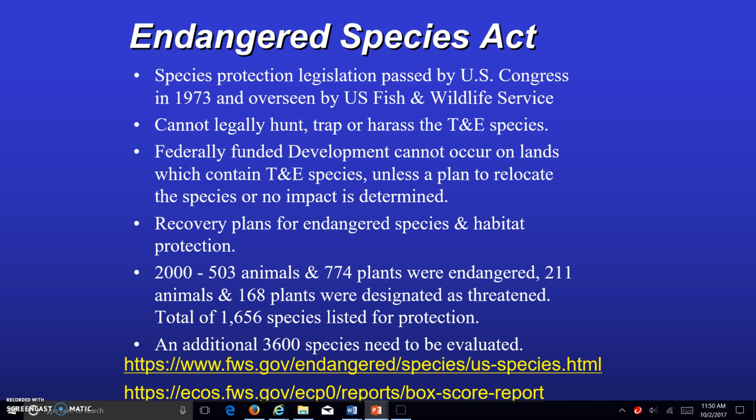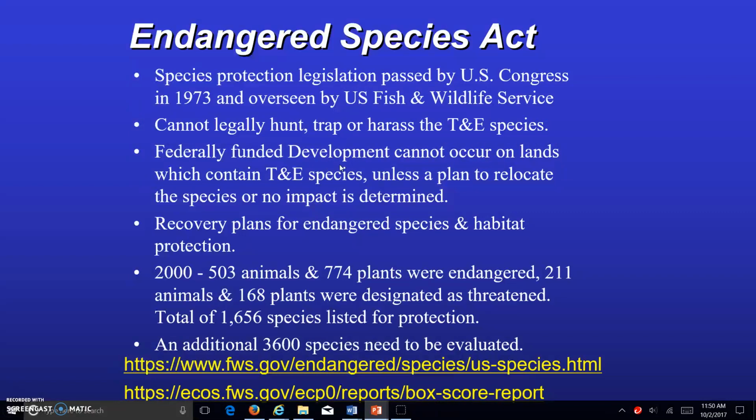The act was amended in 1982 and 1988, and it made it illegal for Americans to import or trade in any product that's made from an endangered or threatened species, unless it's used for an approved scientific purpose to enhance the survival of that species. So this really focuses on stopping the illegal trading of species that have declined in population. The law basically says that you cannot legally hunt, trap, or harass threatened and endangered species.